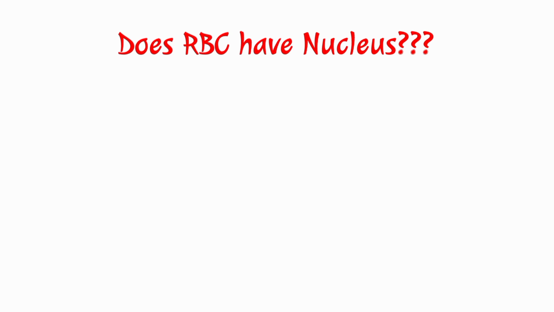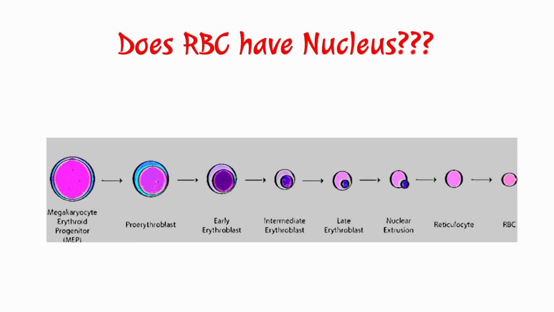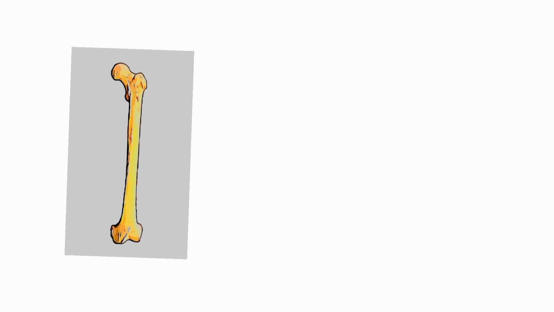After knowing the pathology of this anemia, one question must be arising in your mind: does RBC have a nucleus? Yes, the RBC precursor has a nucleus. Erythroblasts go through various stages up to reticulocyte. They have a nucleus, but the sideroblast appears in the middle stage, before the last stage, reticulocyte.